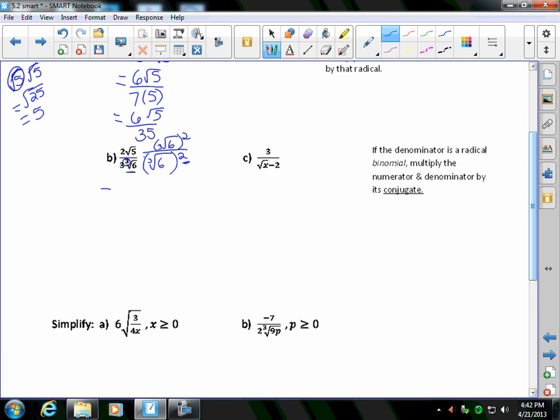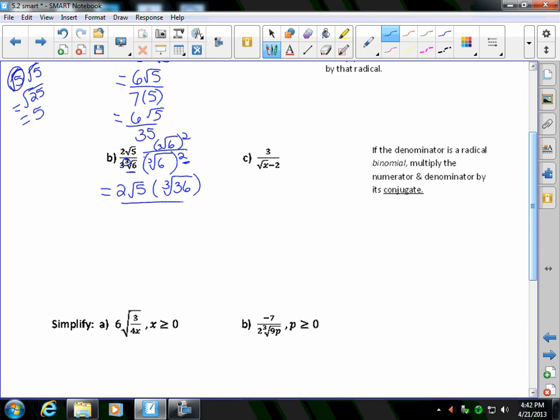So when I multiply, I have 2 square root 5 times the cube root of 6 squared, which is 36.